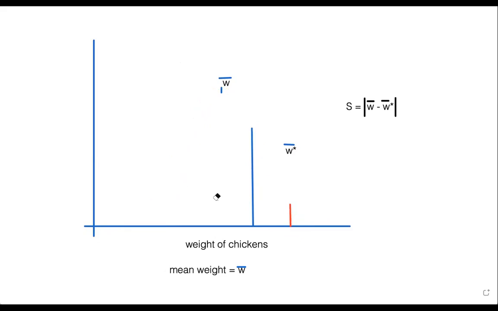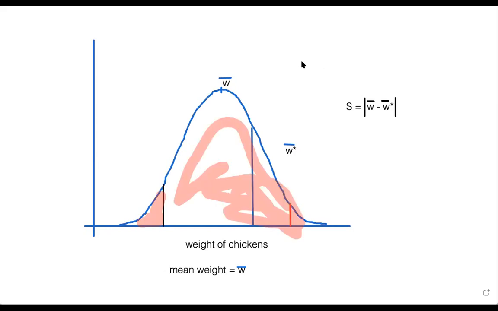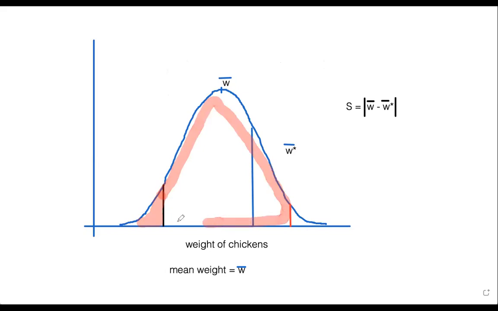There. If I wiped out all of my chickens except for the absolute elite way out here at the very far end of my distribution, I would have a very large selection differential.